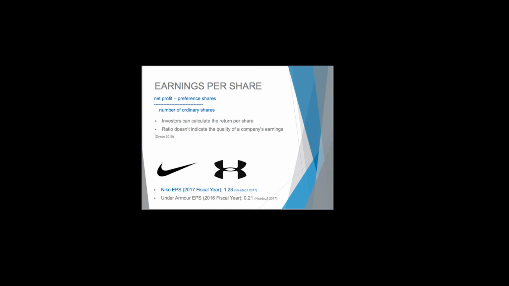If you own a share in a company, it means that you own a portion of that business and therefore have to share the profits with the other shareholders. Earnings per share, or EPS, calculates how much an investor's return is per share, and the formula is net profit minus preference shares divided by the number of ordinary shares.